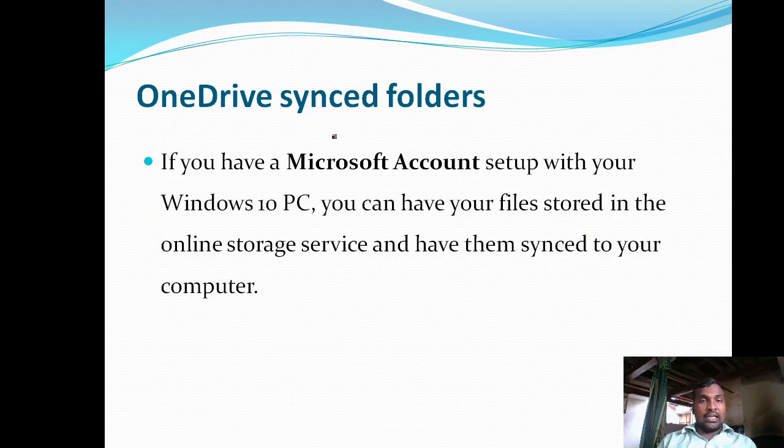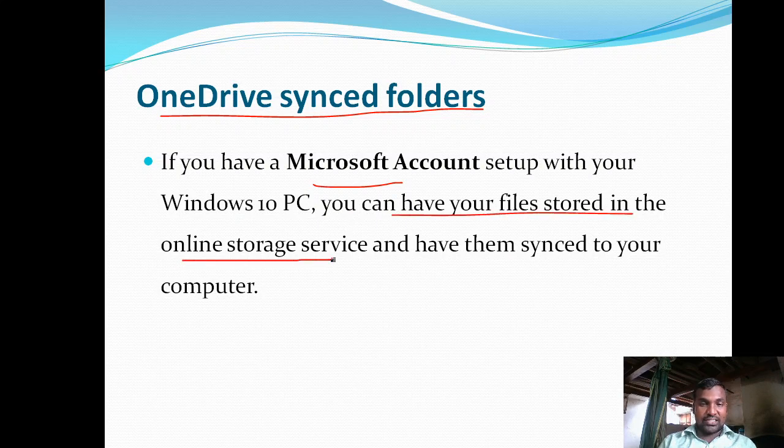Next, below the quick access pane we have an option called OneDrive synced folder. If you have a Microsoft account set up with your Windows 10 PC, you can have your files stored in an online storage service and have them synced to your computer. So you can perform the syncing operation from computer to account and account to computer.